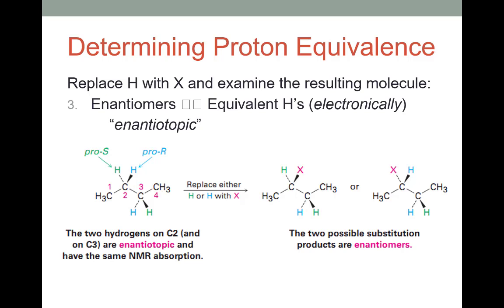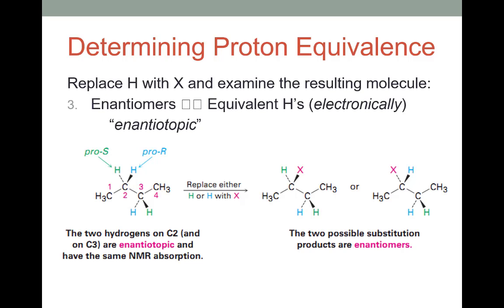What this means is that if we were to replace this hydrogen, the blue one here, with an X, again, call it a chlorine if that makes you comfortable, we would end up generating the R isomer of this molecule, R-2-chlorobutane. If we replaced the green one here on the top or on the bottom with chlorine, we would get the S isomer, so S-2-chlorobutane.